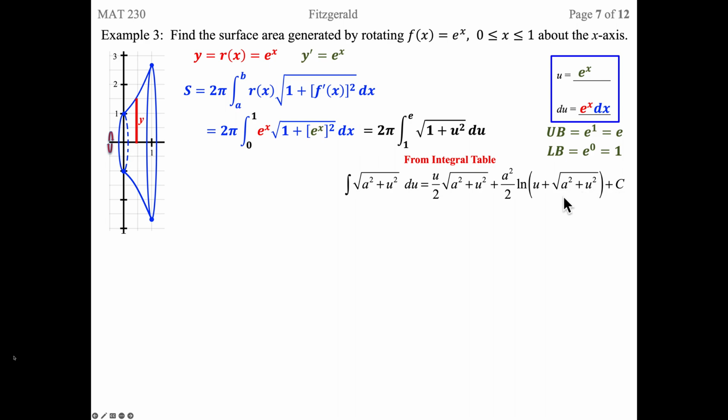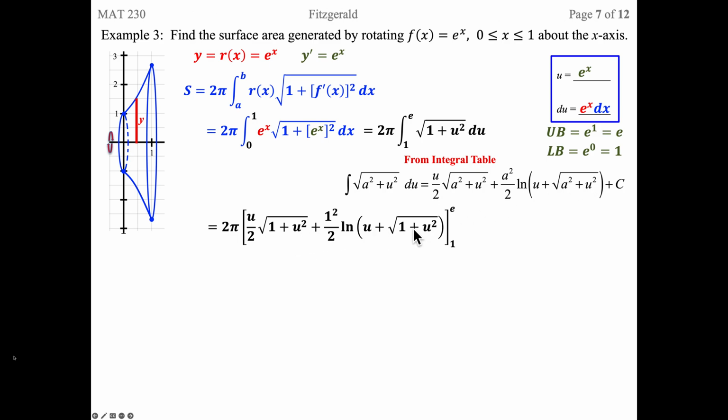All right, so then let's substitute everything in. Your a's are all going to be the 1. So my u over 2, square root of 1 squared plus u squared plus 1 squared over 2 times natural log of u plus the square root of 1 plus u squared.